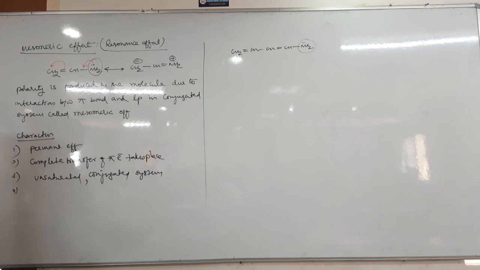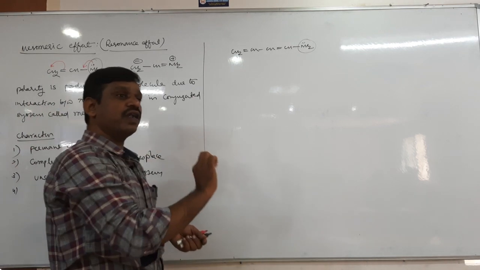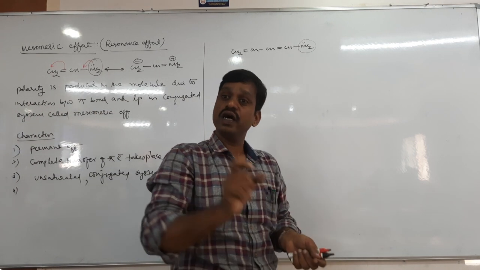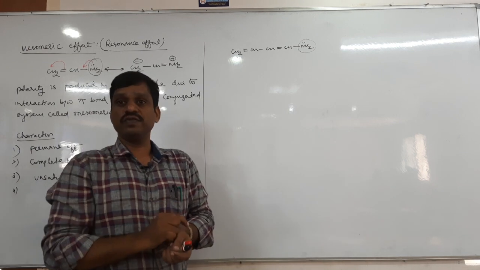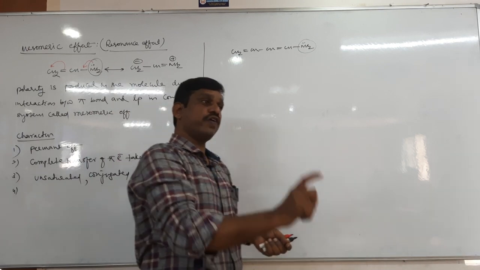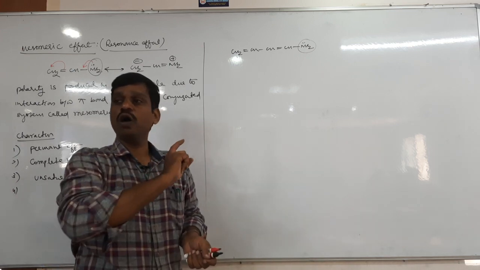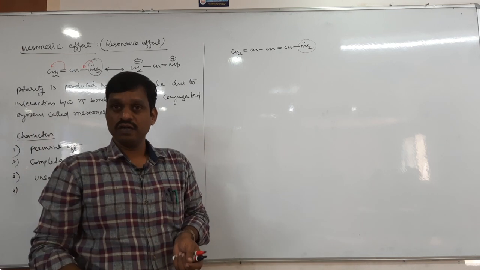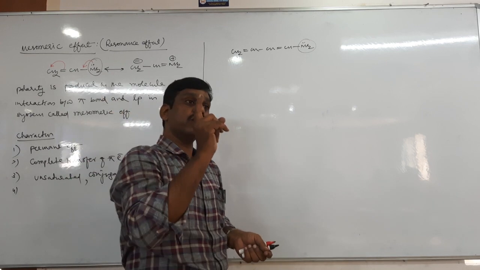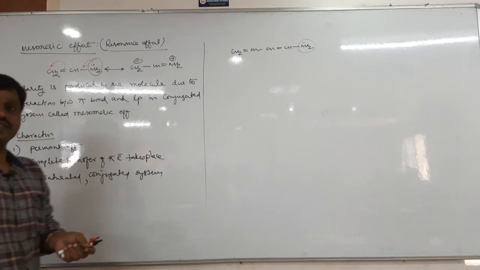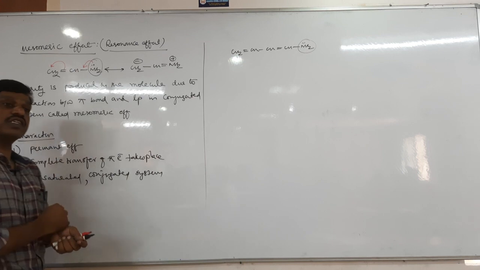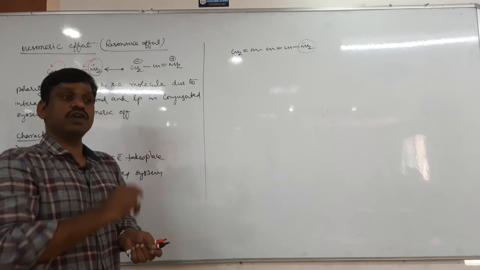It means the mesomeric effect is independent of distance, but it depends on position. So remember, the mesomeric effect operates from the ortho position and para position. It does not operate from the meta position. That means it depends on position, but not distance. Can you tell me which depends on distance? Inductive effect.